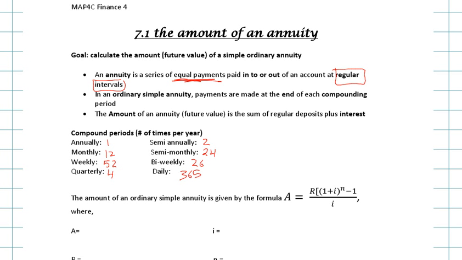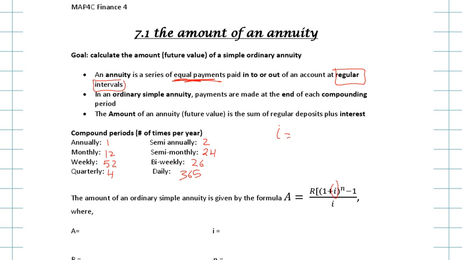Now, why do we need these compounding periods? Because when we're dealing with compound periods, we always divide the rate by the compounding period. So to find the i value, you always have to take your rate. Let's say your rate was 5%, which is 0.05.